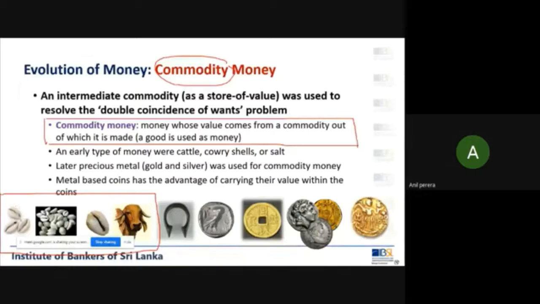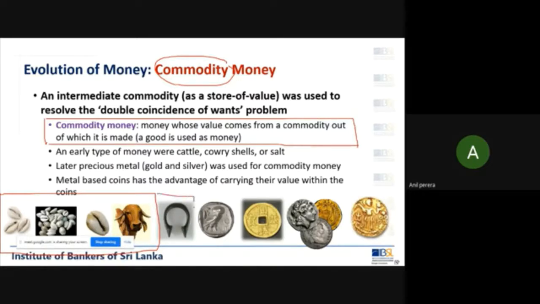Later, these items were replaced with proper commodity money. This proper commodity money was manufactured using precious metals, gold and silver.